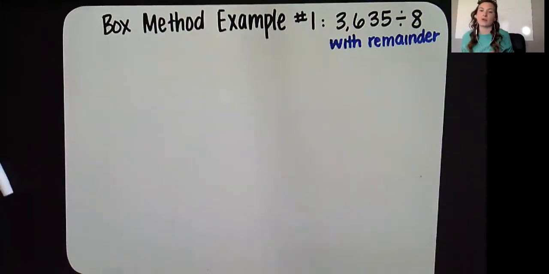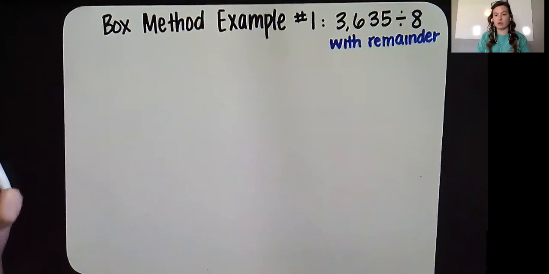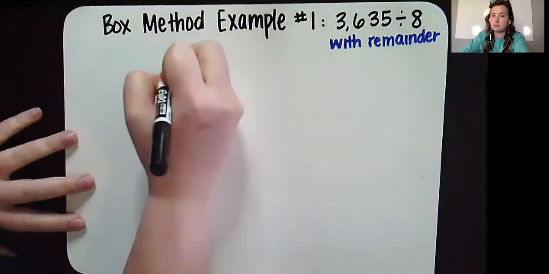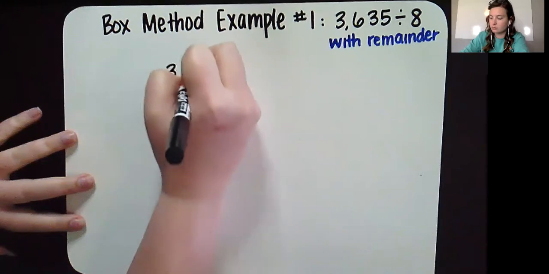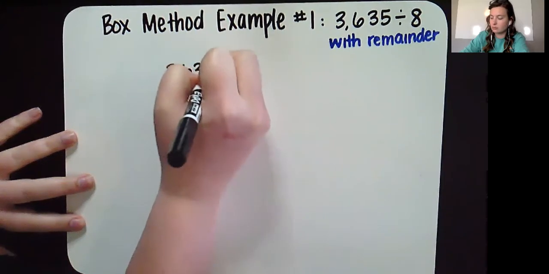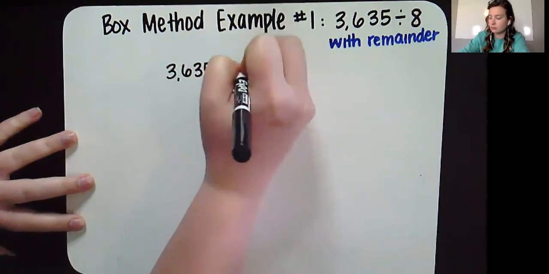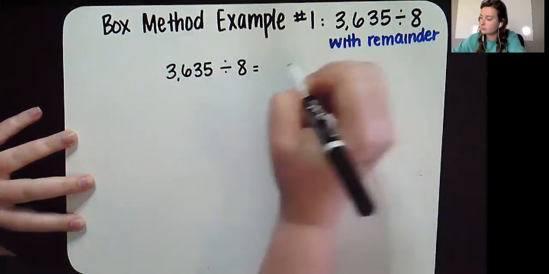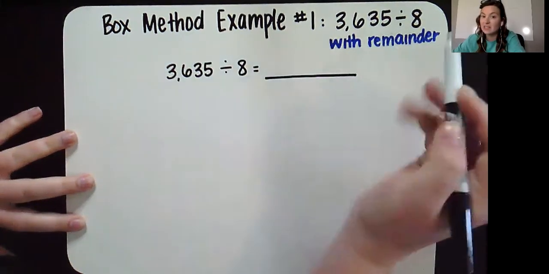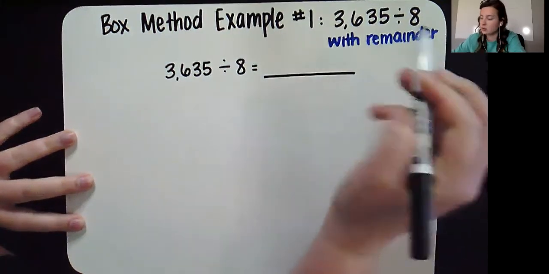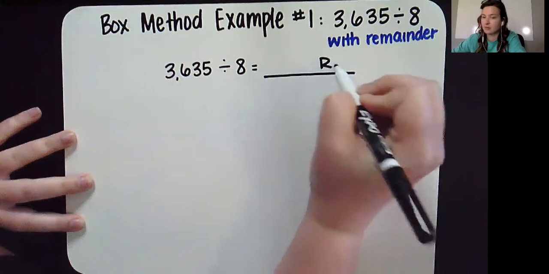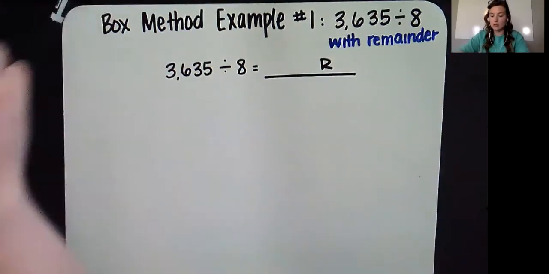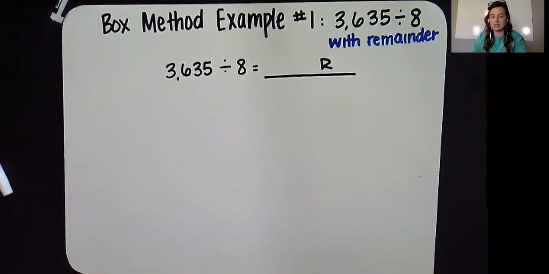Okay, so here's the problem we're looking at. 3,635 divided by 8. So the first thing we're going to do is make sure we know what's what. This problem will have a remainder, so I'm going to go ahead and get ready for that here. 3,635 is our dividend.